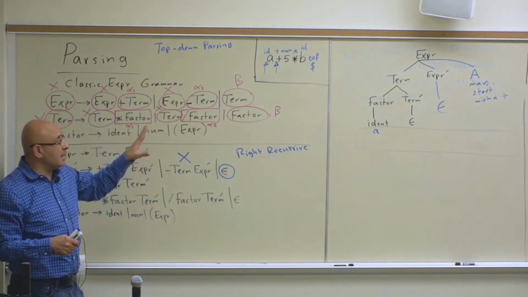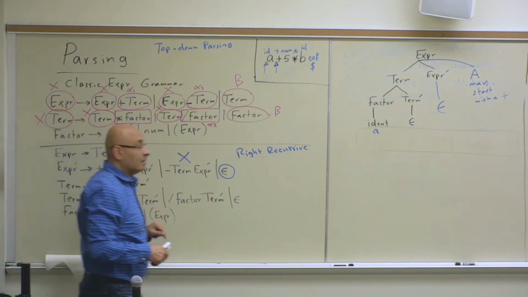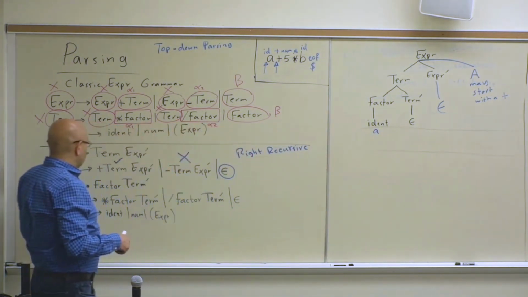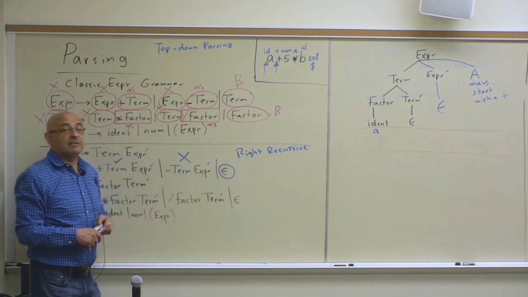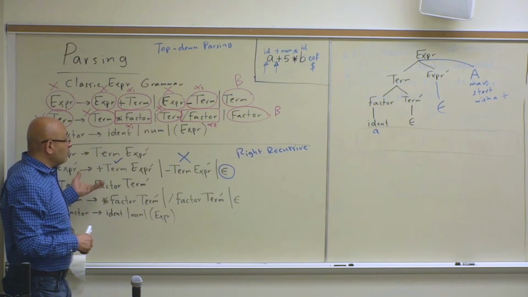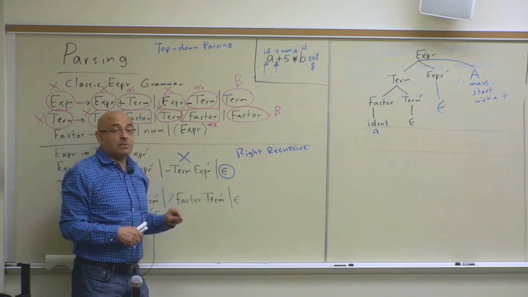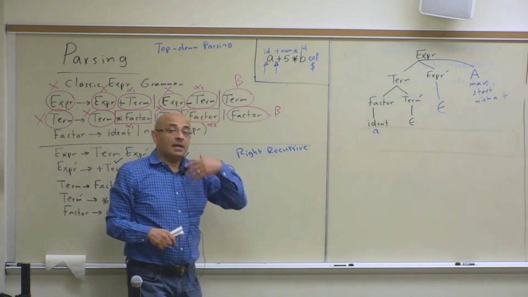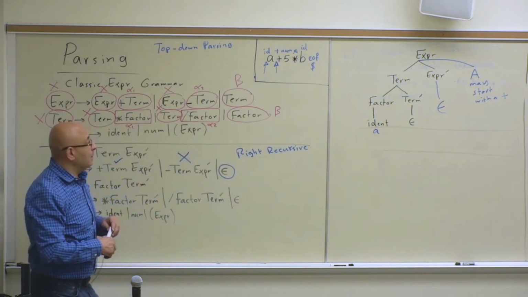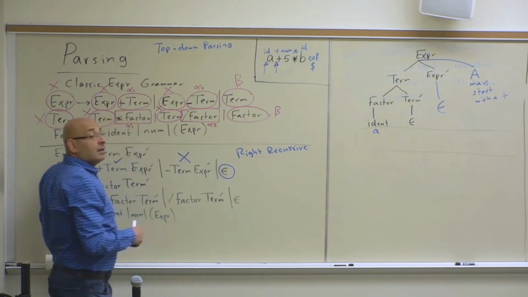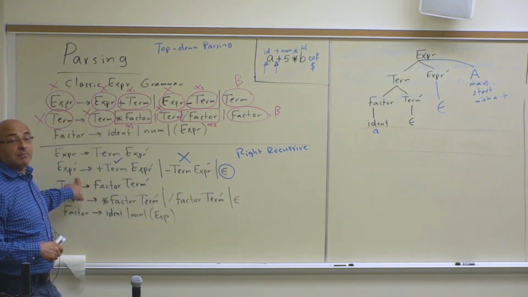Now, I'm bringing this up because in general, you may have grammars in which the epsilon may be a valid option. Now, what will determine if the epsilon is a valid option or not? Looking at what the next variable can start with, or in fact, looking at what can follow the expression prime.